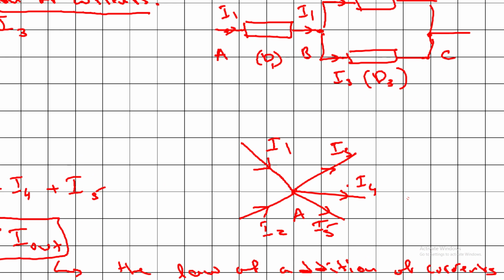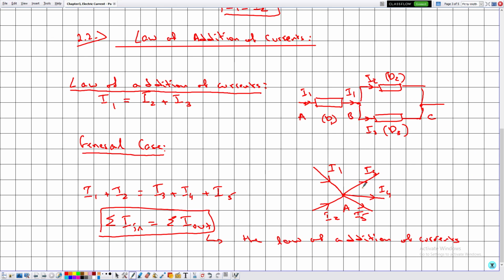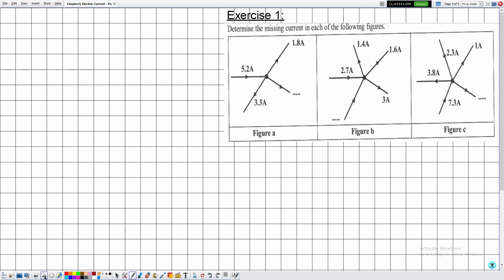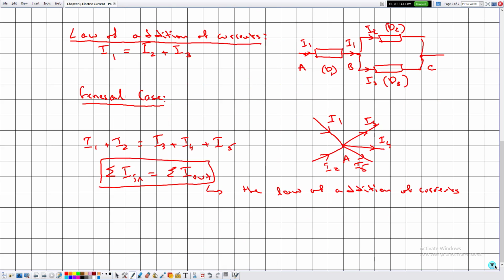How do you know that these currents are leaving the node? Simply because this arrow is pointing away from A. This will give us a linear equation and one unknown. The unknown is one of these currents. Each time we apply this equation to a node, it yields one equation and one unknown.